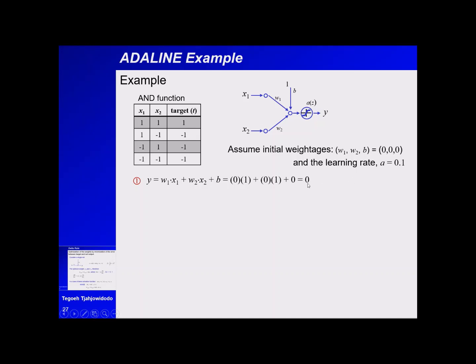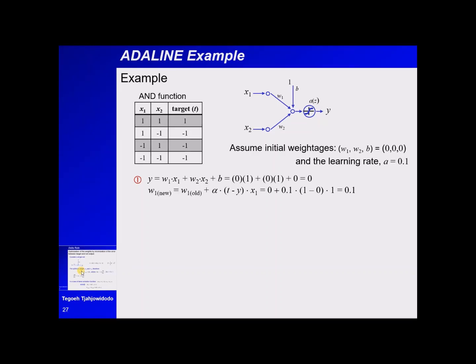Now I will use this output of the network, again before the activation function, to update the weightages. I will update the first weightage W1 as discussed in the delta rule.